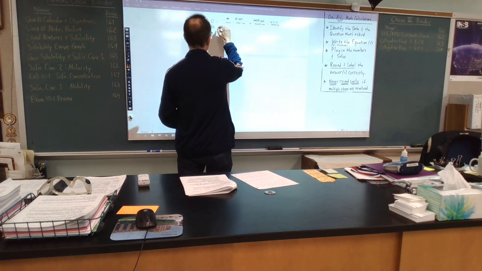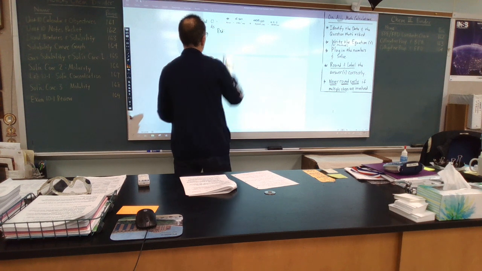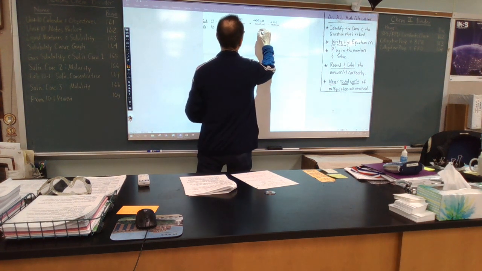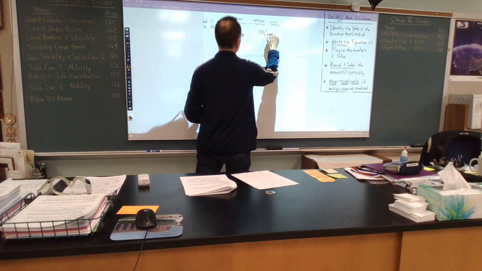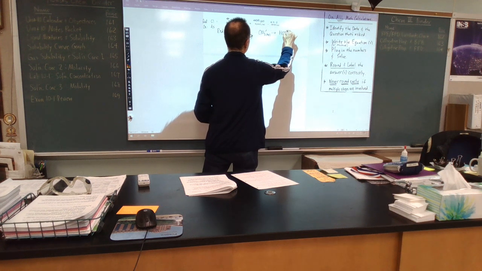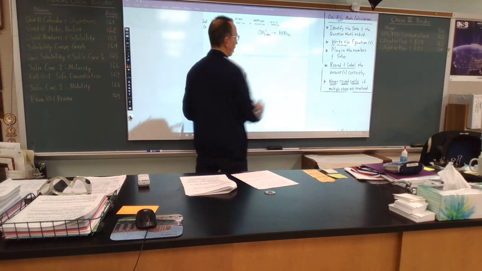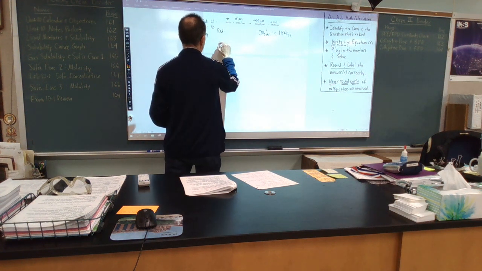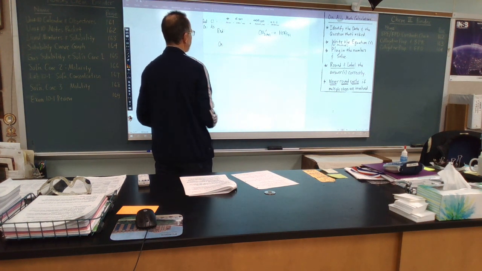So we're now ready to write our half reactions. So our reduction half reaction will involve chlorine. So the substances that contain chlorine would be ClO3 -1 on the left side, that's aqueous, and HClO aqueous on the right side. Then our oxidation half reaction would involve arsenic.